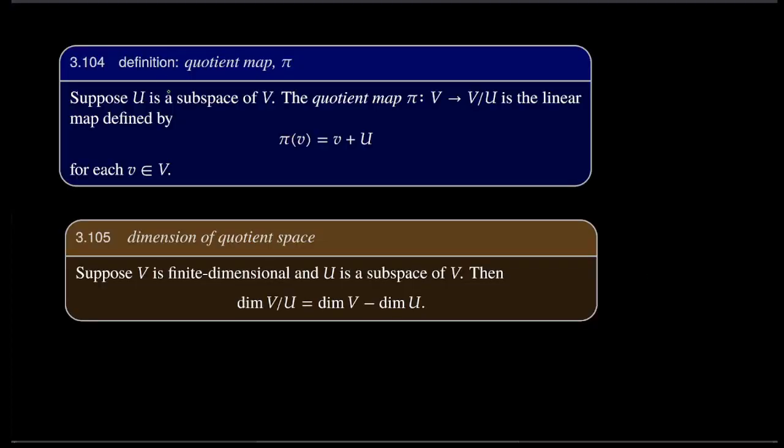Quotient spaces maybe seem kind of confusing so far, at least when you start working with all these representative elements for translates and stuff like that. But actually, they're pretty nice. So let's talk about the quotient map.